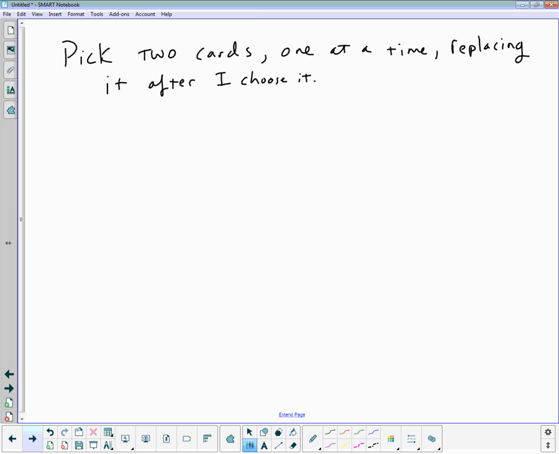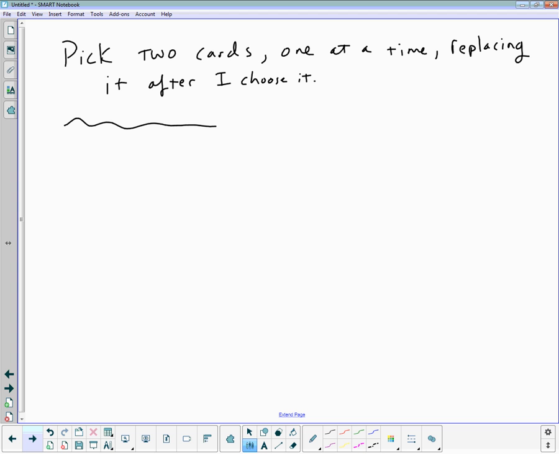But if I pull that first ace and I put it in my pocket, and then I pull another card, now there's not 52 cards in the deck anymore, and there aren't 4 aces. How many are in there? There's 3 out of how many? 51.